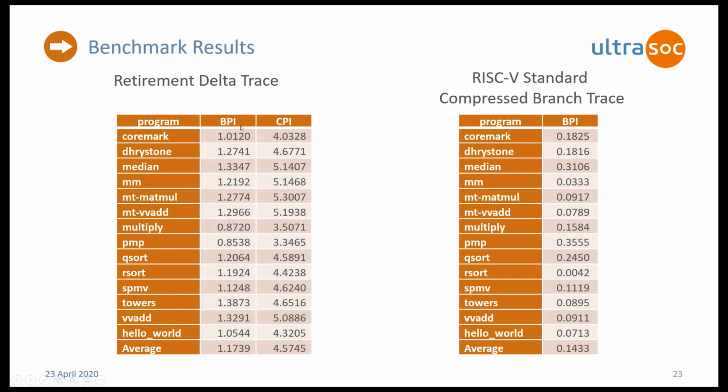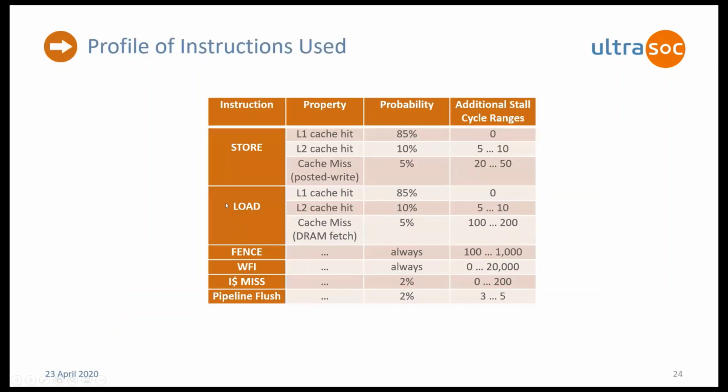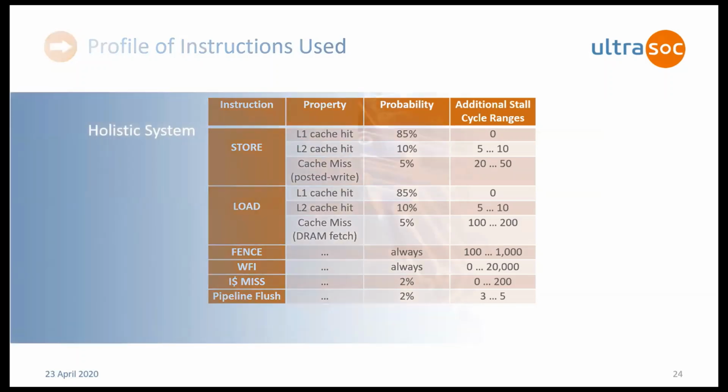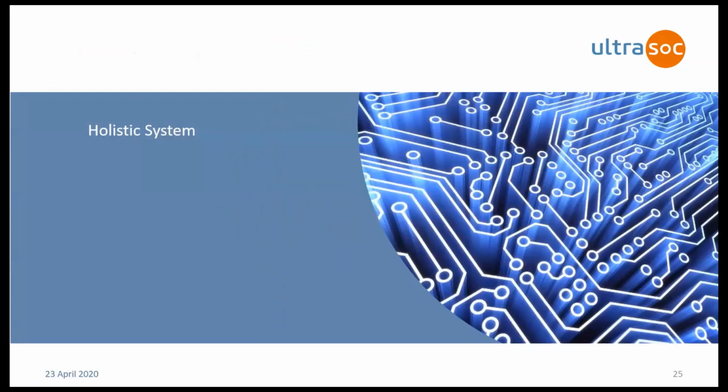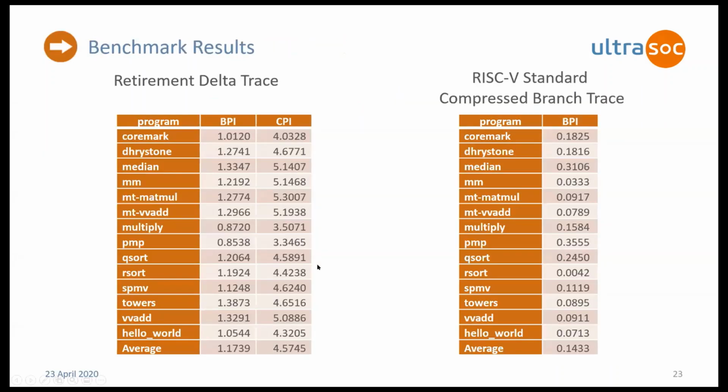This was obtained by running those different benchmarks with a certain stall probability, which may be completely off, given that, you know, we said that it's really great if we can get close to 1 instruction per cycle, but we're getting here a CPI of 3, 4, 5.